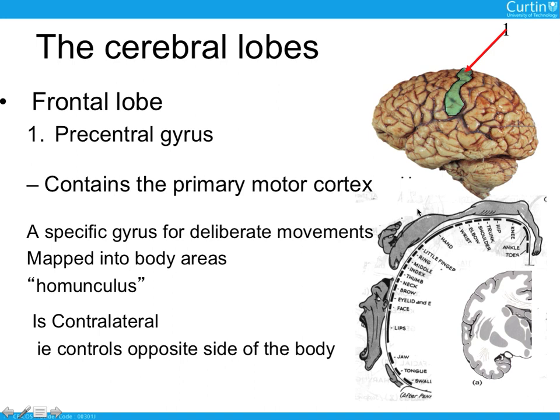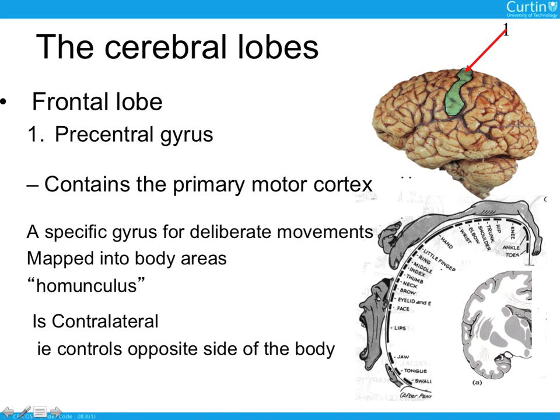There's a reason for that. It's because we need fine motor control in the hand. We don't need fine motor control in the shoulder or the elbow because these are gross motor movements, but we do need it in the hand and the face. Face because of facial expression and communication, hand because of manual dexterity.